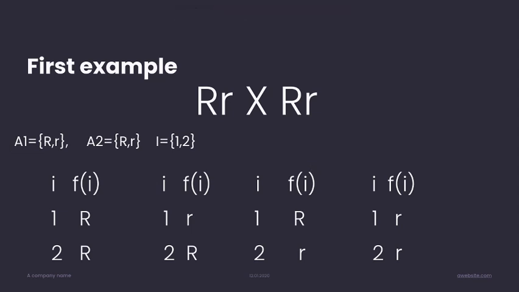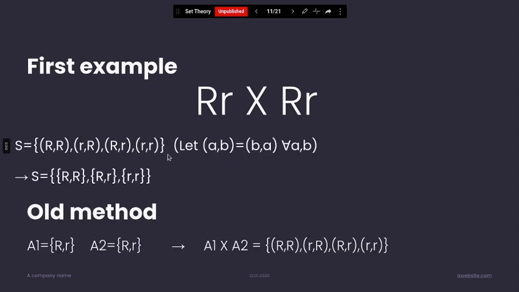So overall we have formed 4 different possible combinations: R capital R capital, R small R capital, R capital R small, and R small R small. That's the definition of the Cartesian product. These are the set-theoretic way of writing it. So the pairs that we will have are R capital R capital, R small R capital, R capital R small, and R small R small.